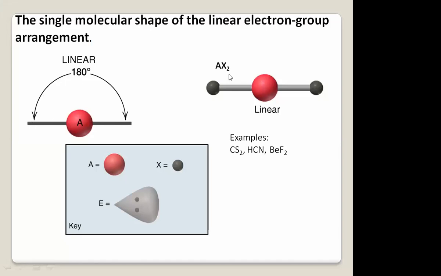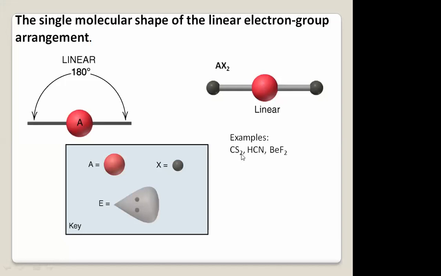So in AX2, the bond angle is 180. The central atom is your A. The axis atom is your X. And you have 2 of X, and you have 1 of A. Typical examples of molecules that exhibit this linear structure are CS2, HCN, and BeF2.